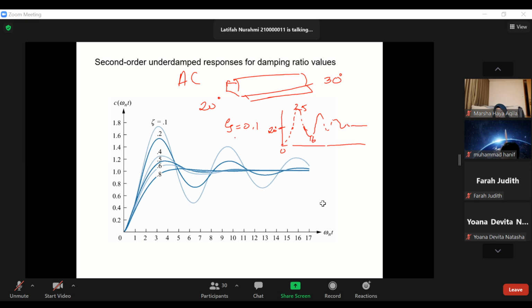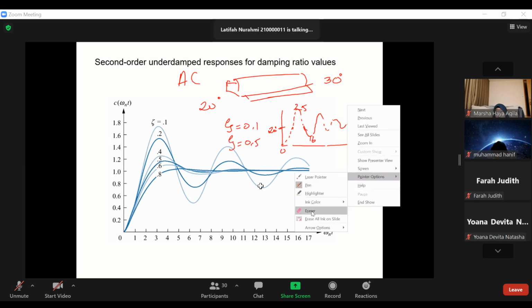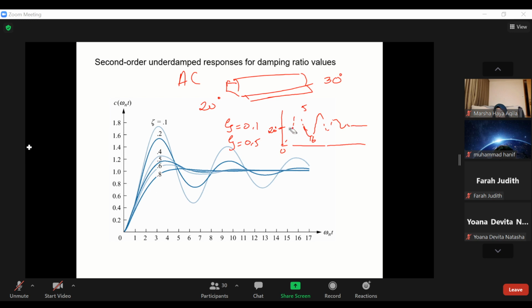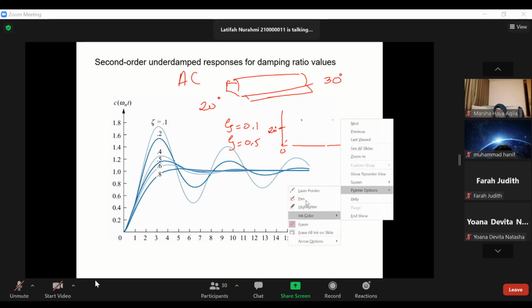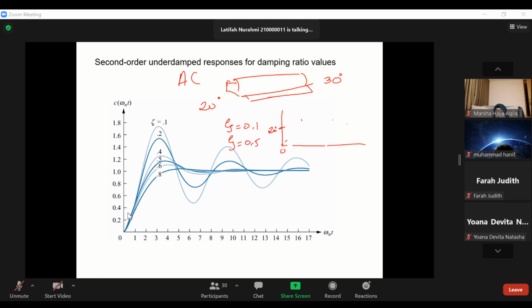So you increase your zeta to, let's say, 0.5. At 0.5, it will reach quite high, higher than 20, but not too high, probably around 23.